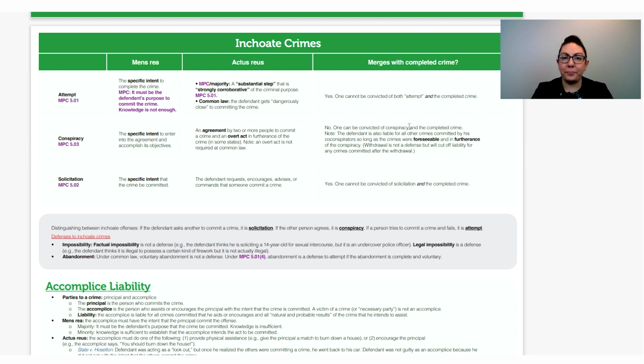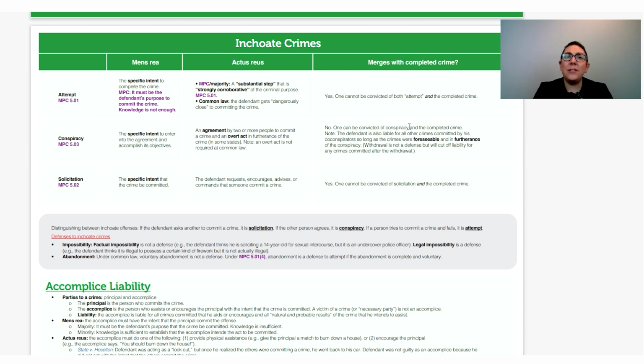Now, unlike attempt, conspiracy does not merge. So if we agree to rob the bank and then we get this car, we get in the car, we go to the bank, we rob the bank, we're going to be guilty of bank robbery and conspiracy. Conspiracy is its own crime and it does not merge with the completed offense.